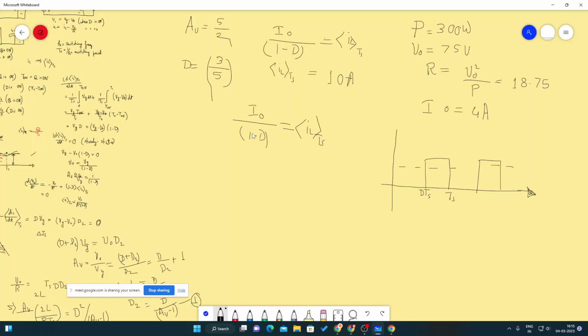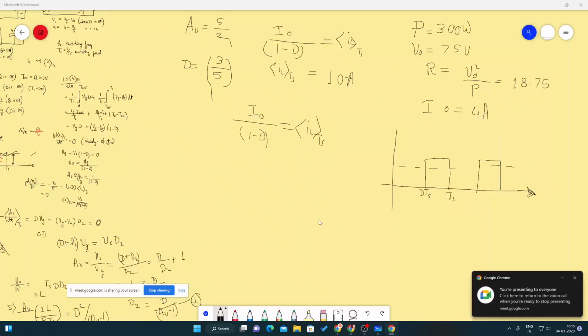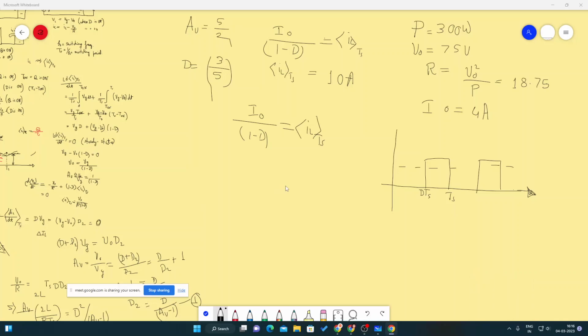Because the techniques mostly take the current rating of the device. Okay, you are saying the current rating. I got your query. When we say current rating of any switch, which current do we consider? Maximum value? No, you will never get in a data sheet the maximum current that will flow through the diode or anything.